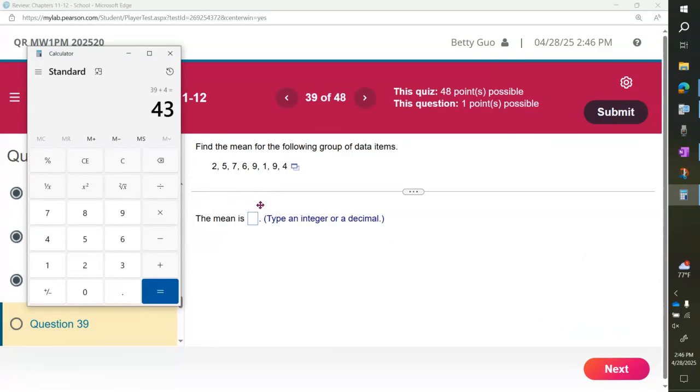Double check. 23, 30, 43. Yeah, and then divide by 8. So 5.375.